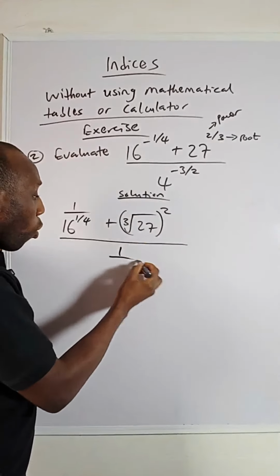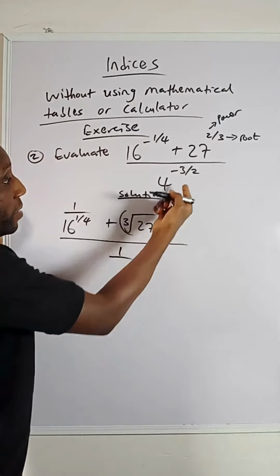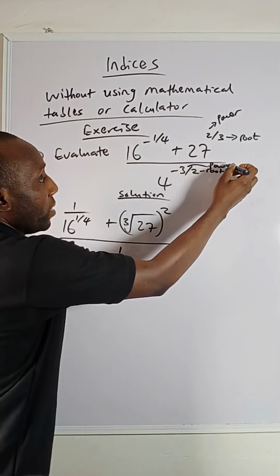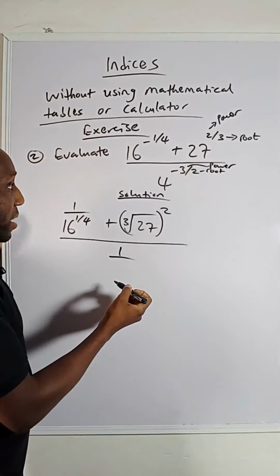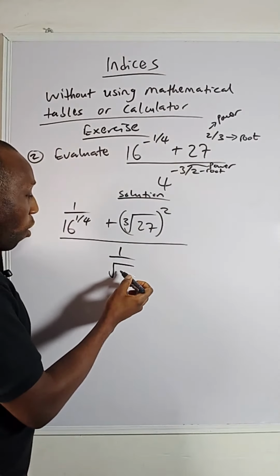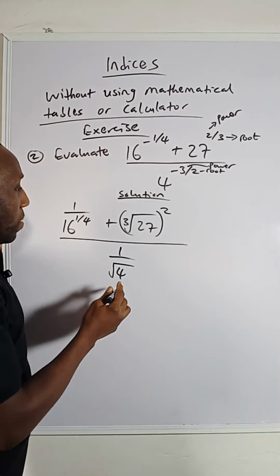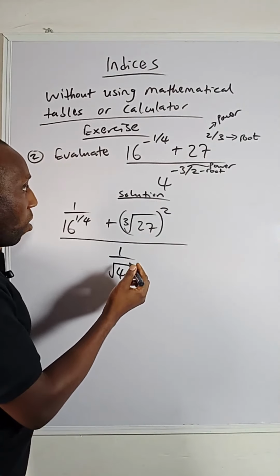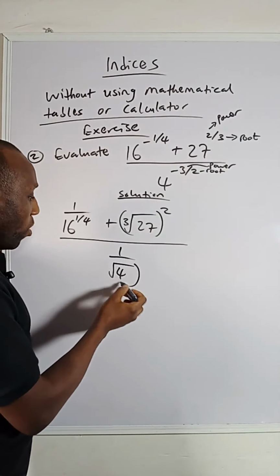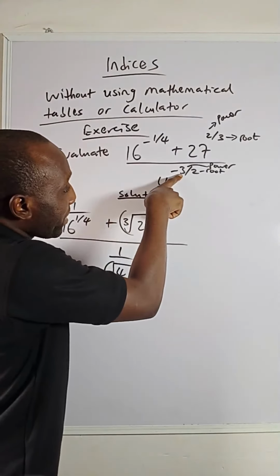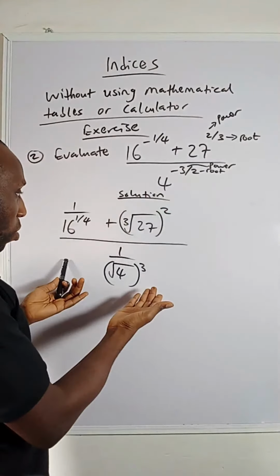It's going to be 1 over, this is the root again, denominator root, this is the power. So it's going to be the square root of 4, all raised to the power of 3, because of the numerator that is 3 here. And that's it. So see what we have now.